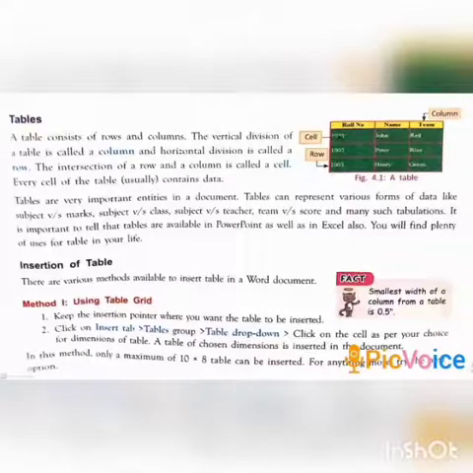A table consists of rows and columns. A row runs horizontally while a column runs vertically. Runs horizontally, that is called a row. Runs vertically, that is called a column. Okay, listen.